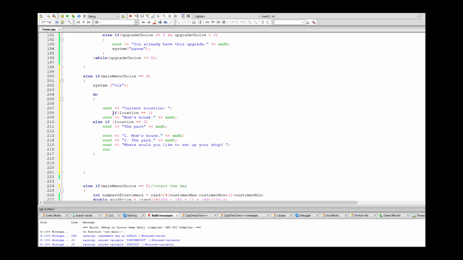Oops, let me just fix this up here. There we go. And we'll need that system clear screen as well.